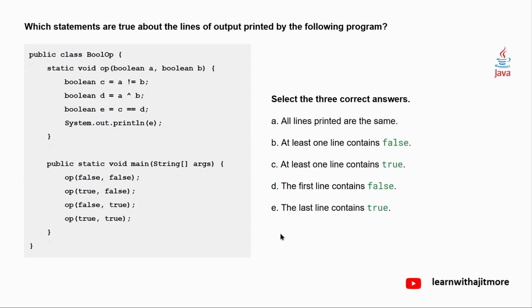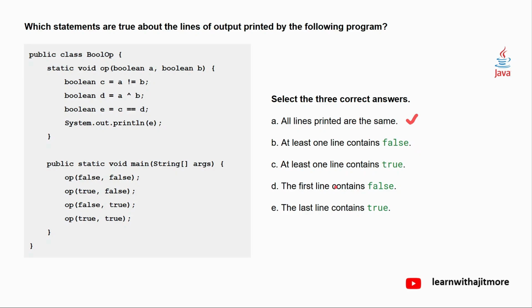Now, from these four or five options, whichever is the right one, you tell me. Let's see who will tell. Anyone? All lines printed are the same. Okay, the first one you want to say, all lines printed are the same. Why? Because all are true only. Okay. Then what do you say? At least one line contains false.